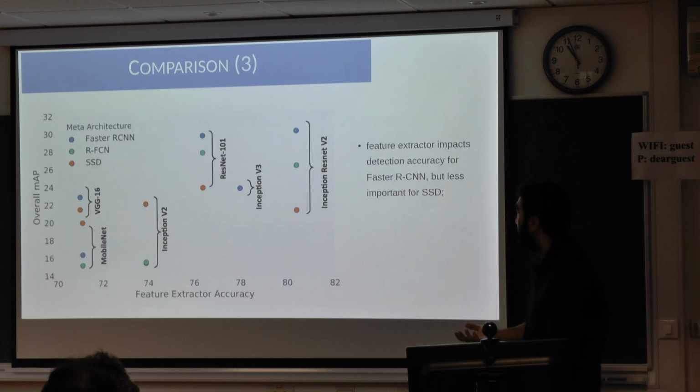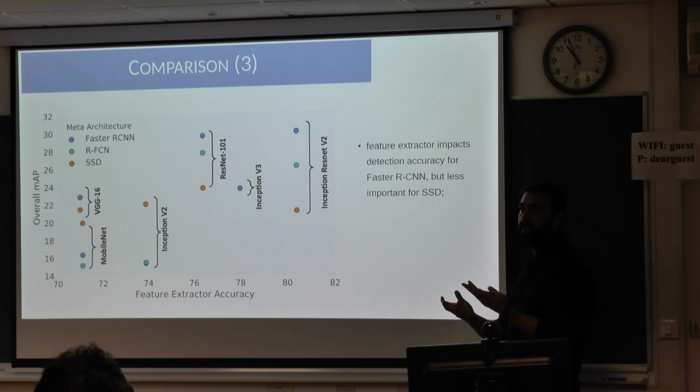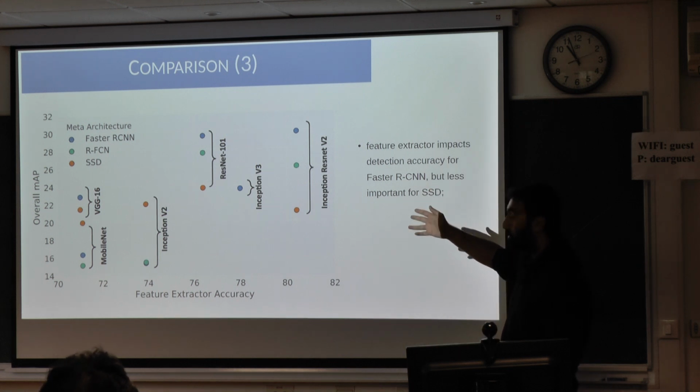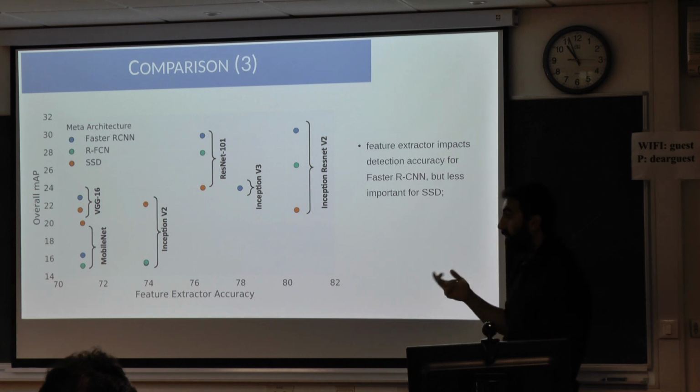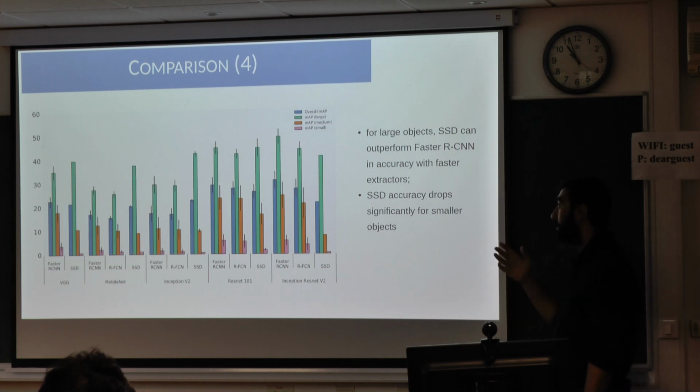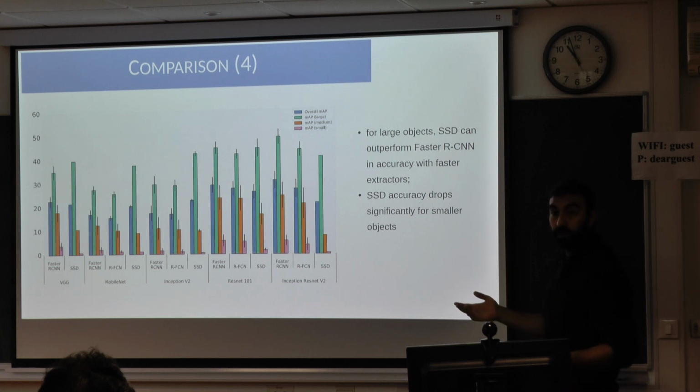It's not always necessary. You can play around with the feature extractors that are included in your network, which is more effective for region-based detectors. As you can see here, single-shot ones are basically unaffected by the choice of the feature extractor. Watch out for the dimension of the objects. Single-shot detectors, their accuracy drops significantly for smaller objects.